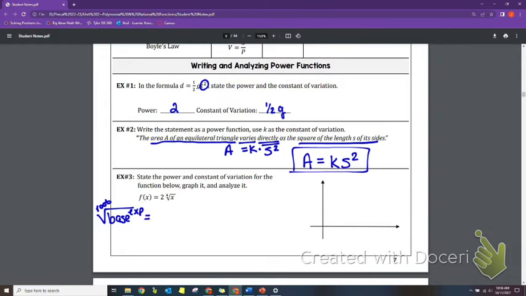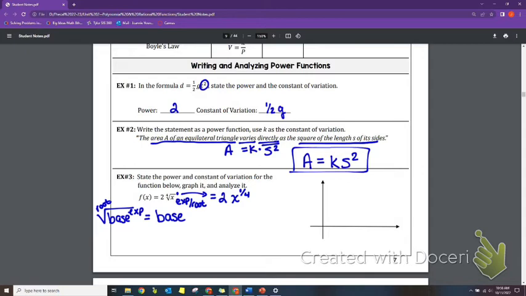You can take it and rewrite it in exponential form, as a base raised to the exponent divided by the root. So we can rewrite this as 2 times x raised to the exponent, which is a 1, over its root, which was a 4. So this is the same thing as saying 2x to the 1/4.